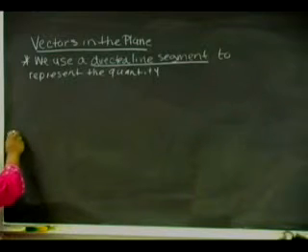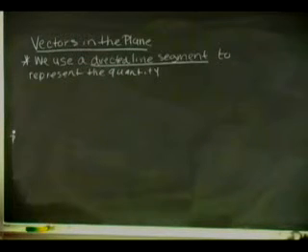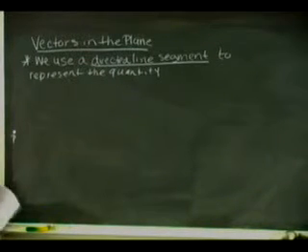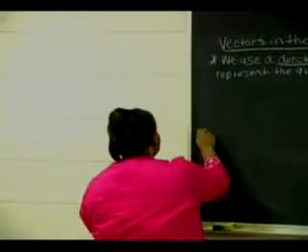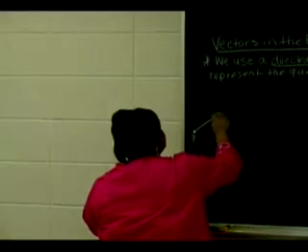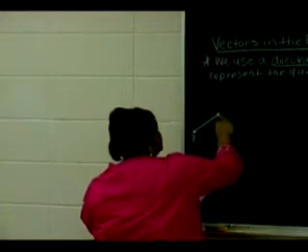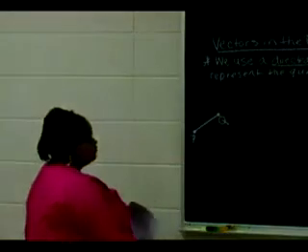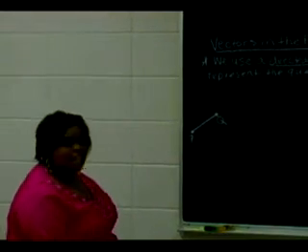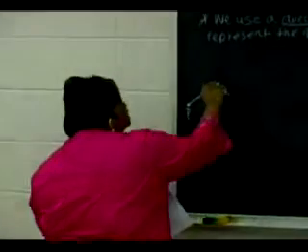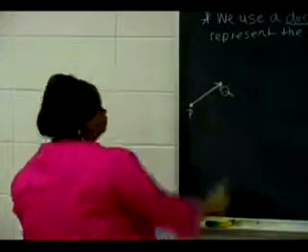Suppose I have this line. I start my initial point at P, and I draw a line out somewhere in this plane to the point Q. Now that is a line segment, but it's not a directed line segment until I put this arrow here.